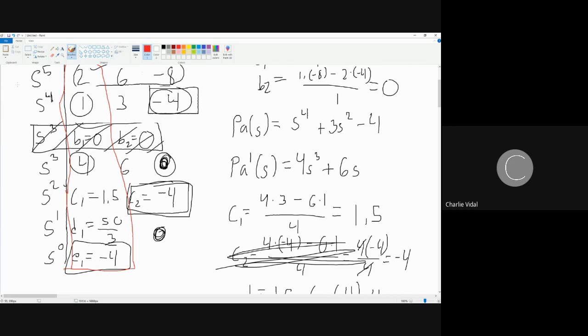So 2, positive, 1, positive, S3, 4 is positive, S2, 1.5 is positive. 50 over 3, positive. This one is negative. So there is one sign change.